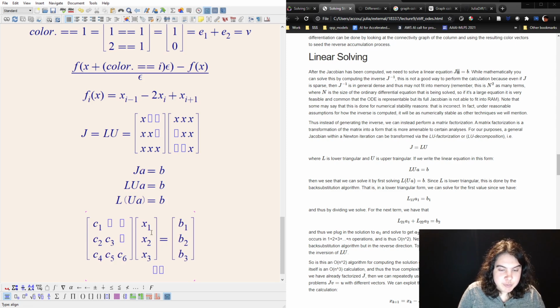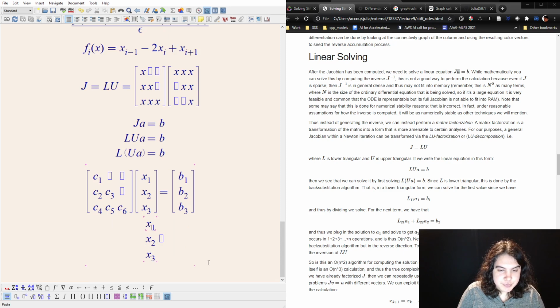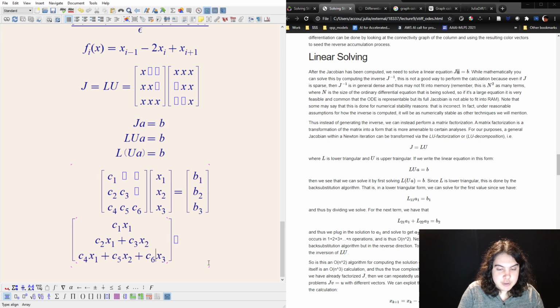If you multiply this out, what you get is coefficient 1 x1, coefficient 2 x1 plus coefficient 3 x2, coefficient 4 x1 plus coefficient 5 x2 plus coefficient 6 x3, equals b1, b2, b3.